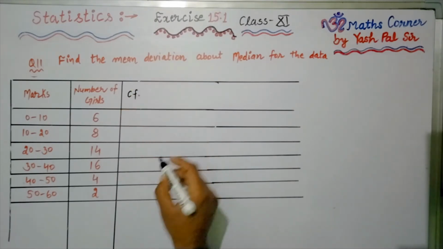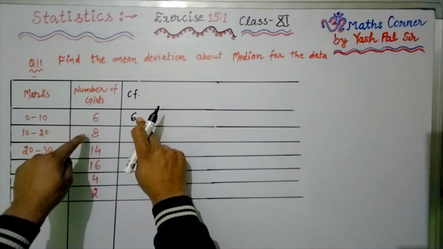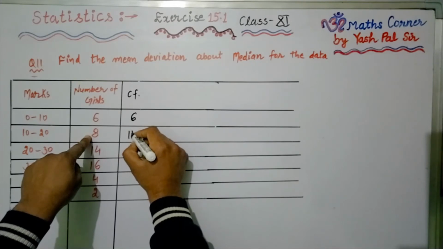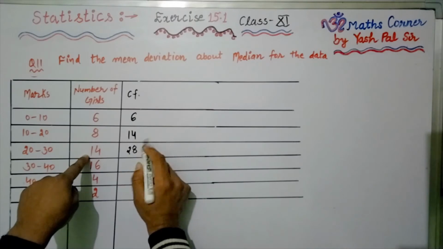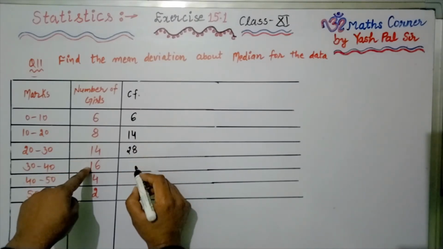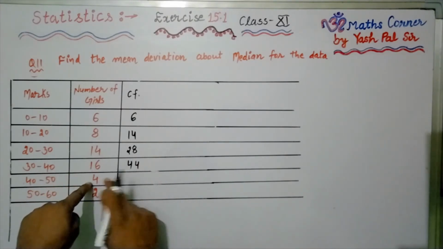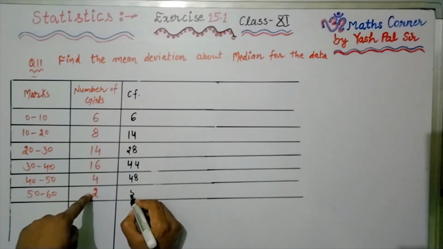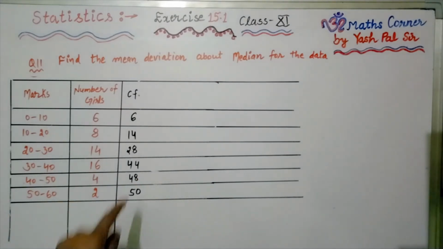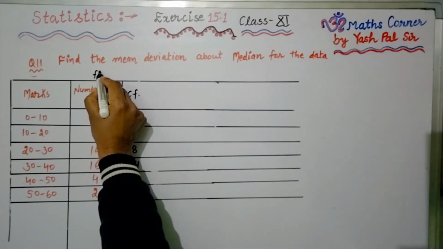For this purpose, again first of all we find the cumulative frequency. First we write this 6 as it is. Next 6 plus 8 is 14, 14 plus 14 is 28, 28 plus 16 is 44, 44 plus 4 is 48, 48 plus 2 is 50. This is the cumulative frequency.